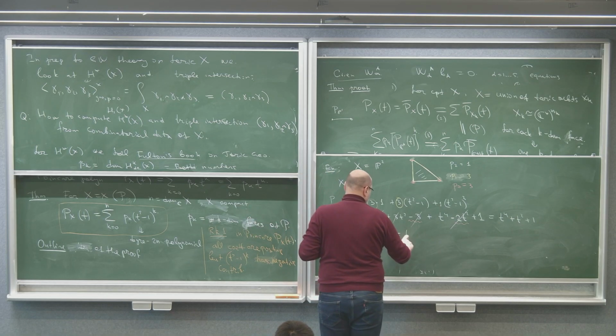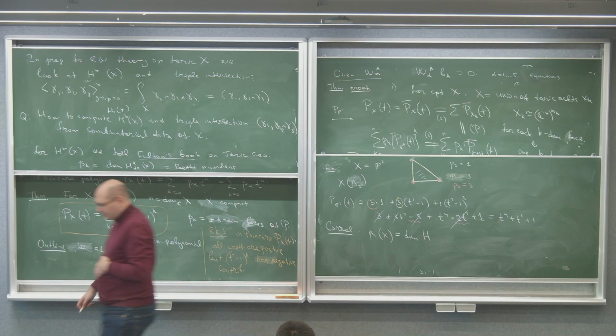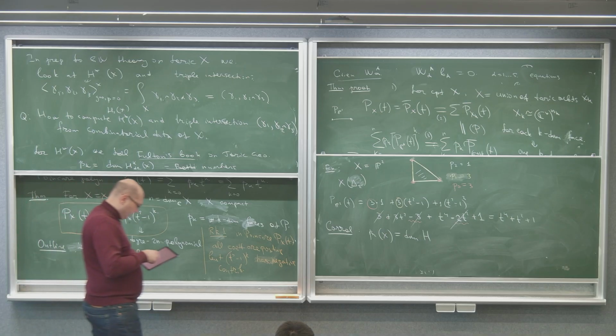Which is the second Betti number. Second homology is paired with second cohomology. I think it's fine.